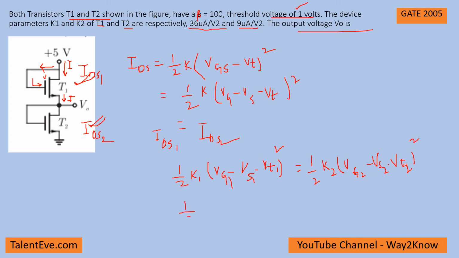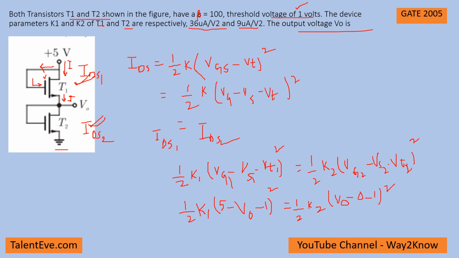That means half into K1 into (Vg. Here Vg1 is nothing but the input voltage 5 volts, and Vs is nothing but the output voltage V0) minus 1 whole square is equal to half into K2 into (Vg2. Here it is nothing but the V0, right? Vs is 0 here) minus 0 minus 1 whole square.